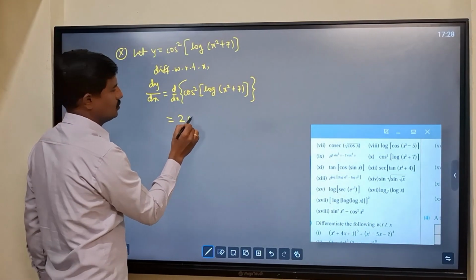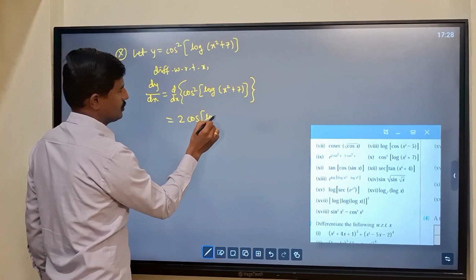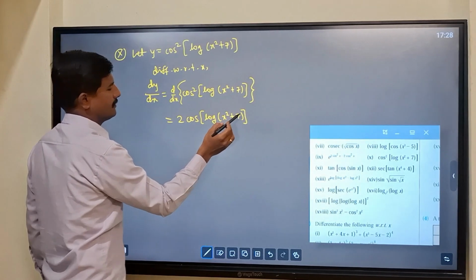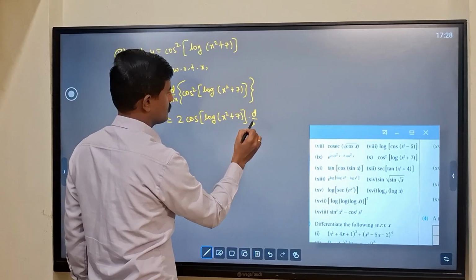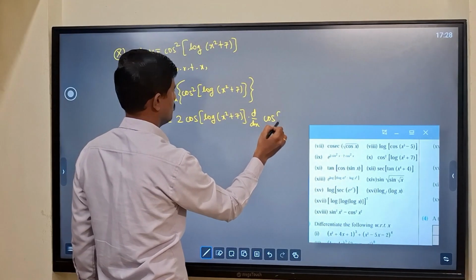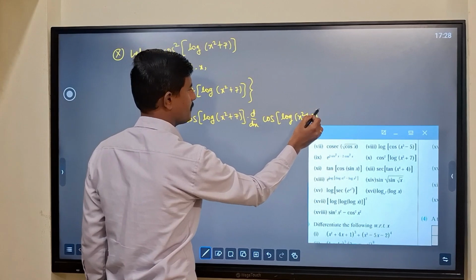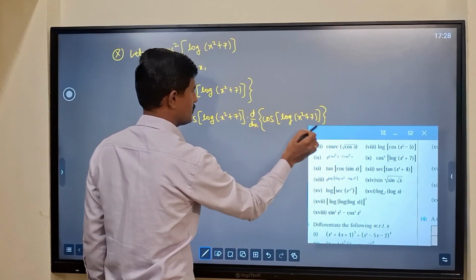This will become 2 cos log of x square plus 7 into d/dx of cos of log of x square plus 7.